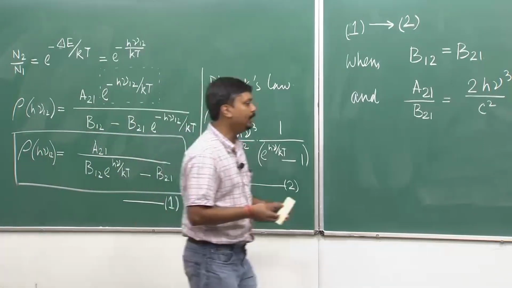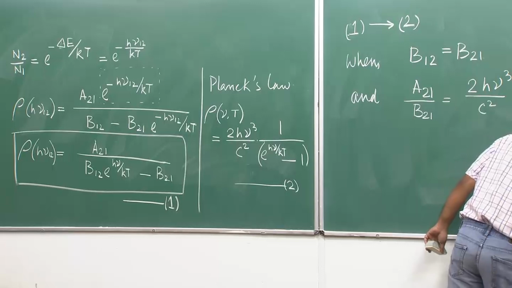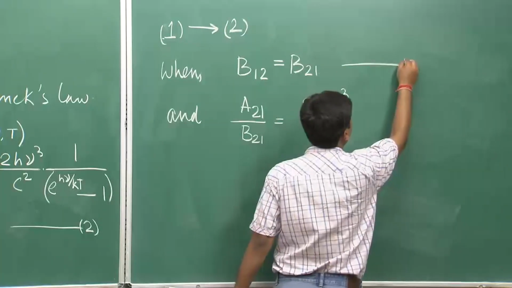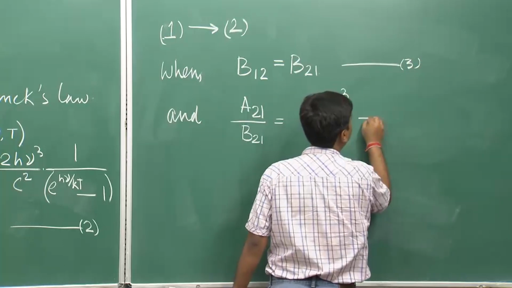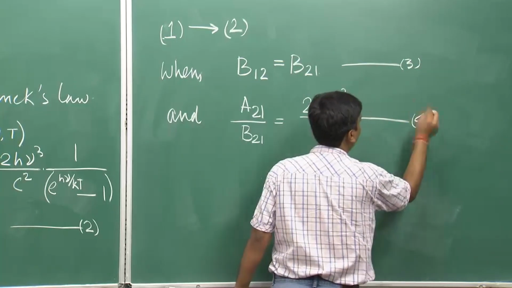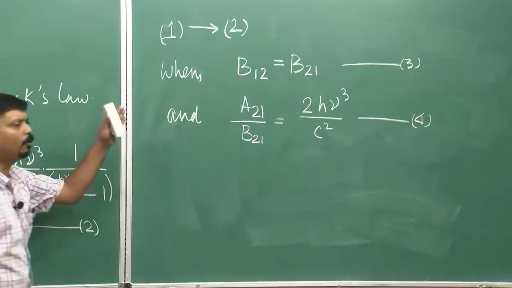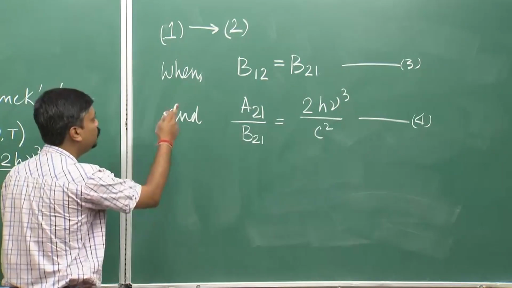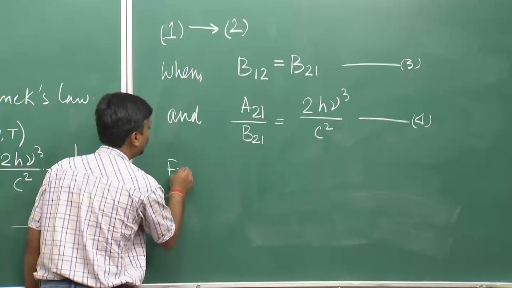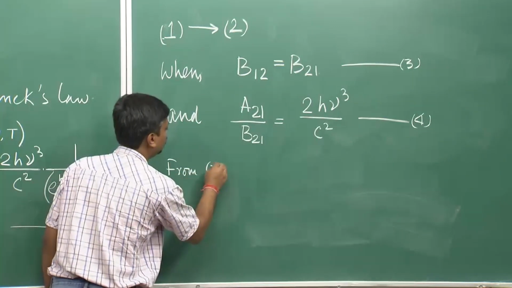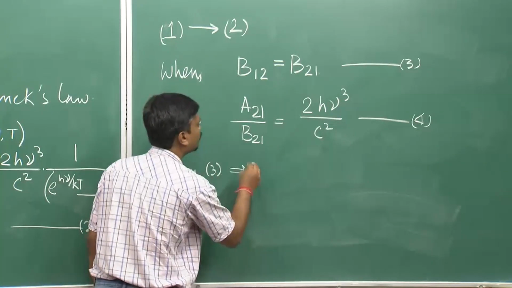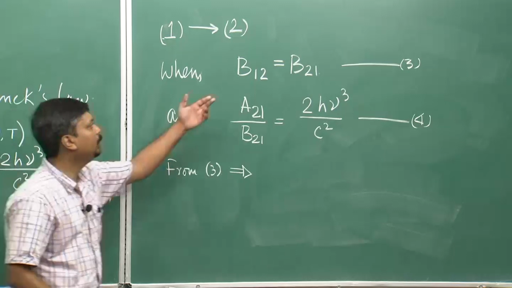Now, there are very interesting things to notice here. Suppose I mark this one as 3 and this one as 4. Then from 3, what do I see? B12 and B21 are equal. So, from equation 3, it tells me, what is B12?